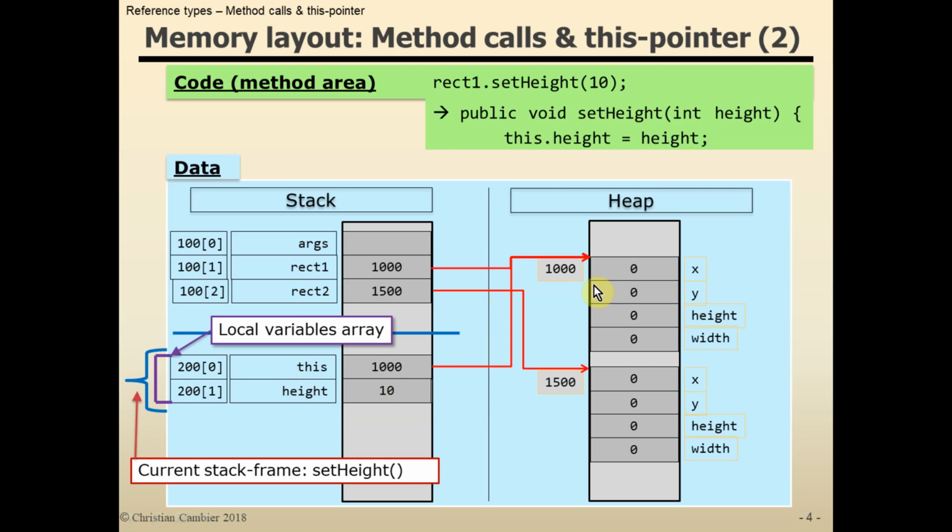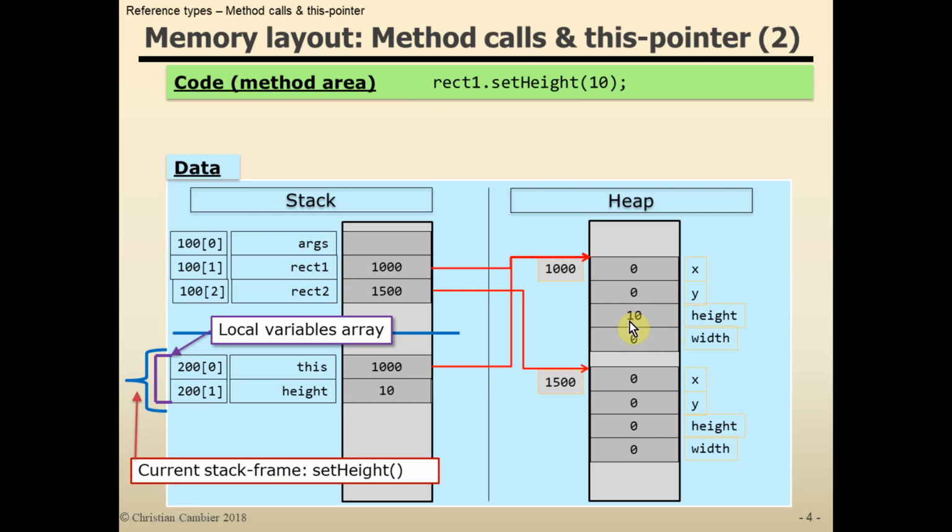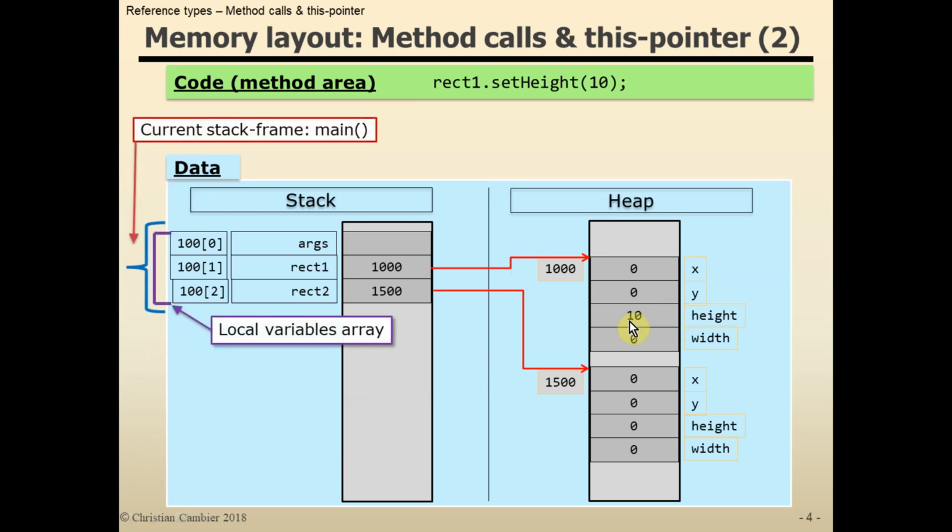Then which property do we want to change? The height property. The end result is that 10 will be assigned to the height of the object. And that's all for this method. We leave it. The current stack frame is cleaned up, and we are back at the invoker, the main method.